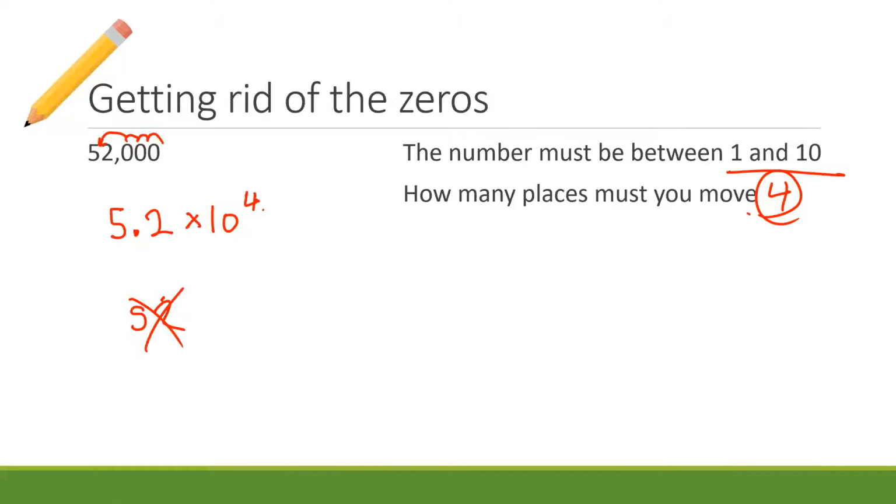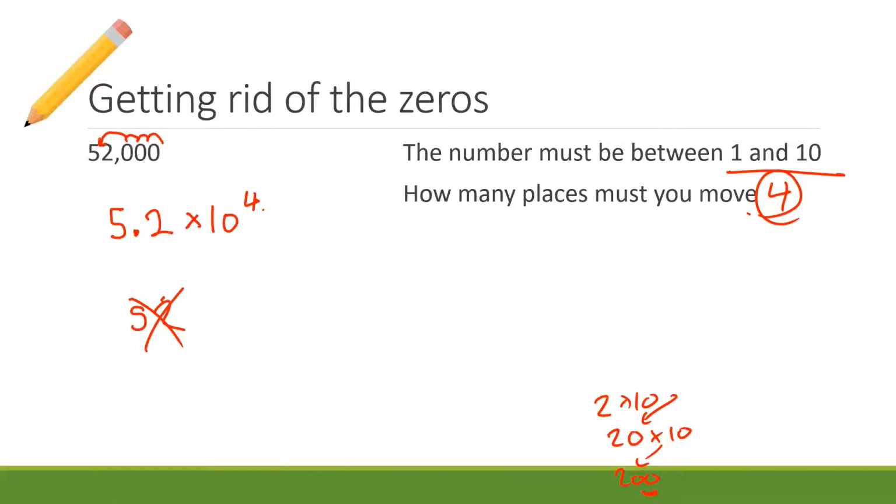Now, times 10, and you guys should know that if I multiply any number times 10, it will become a bigger number. That's going to become 200. And all I'm doing is adding zeros. So this times 10 to the power of 4 is almost equivalent to the previous slide as saying how many zeros there are.